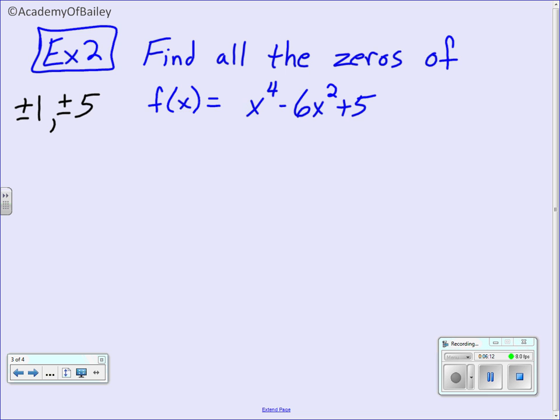Alrighty. Basically, they all start out the same. You find possible zeros, use synthetic division here. 1, right here's a common mistake I see a lot of students make. That problem is already set up wrong.